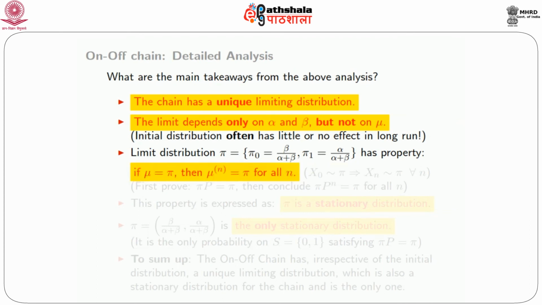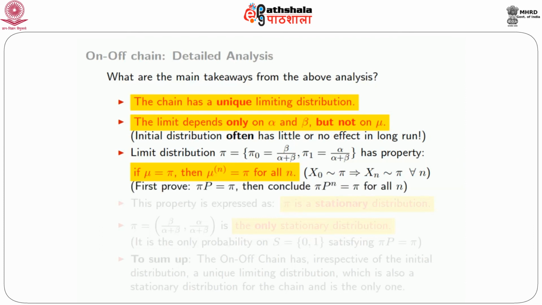If I take this distribution as my initial distribution mu and then compute the distribution of Xn, it turns out that mu n is also equal to pi, and that's true for every n. What it means is that if I take X0 to have distribution pi, then all the Xn's would have the same distribution pi.